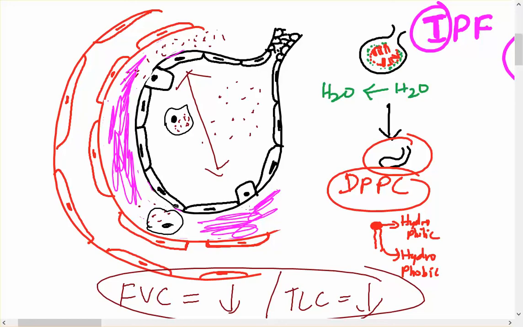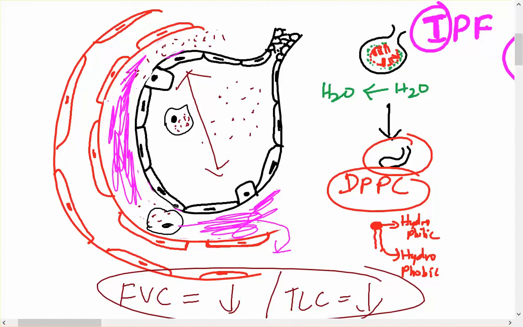What happens is in this disease one other thing happens. This macrophage goes into the blood and they go to the joints. These macrophages go to the joints and they produce joint disease. So when they have lung disease with joint disease, then it is called Kaplan syndrome.